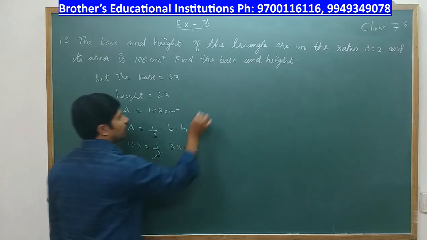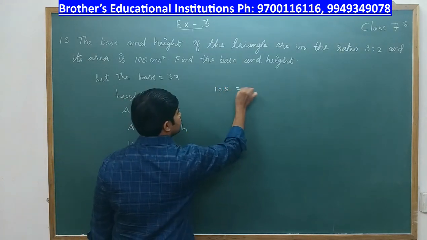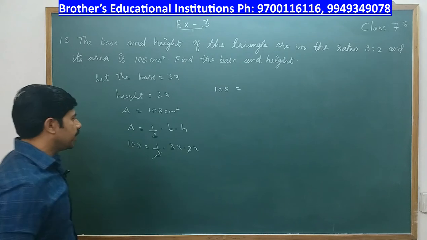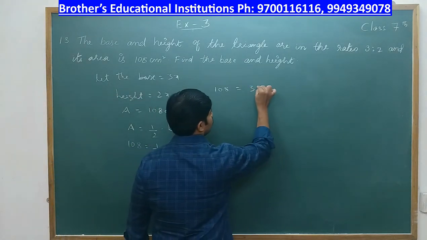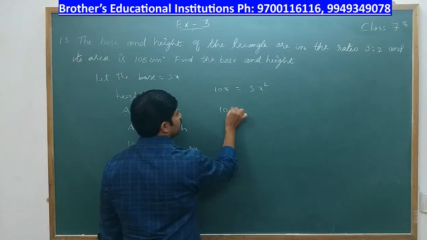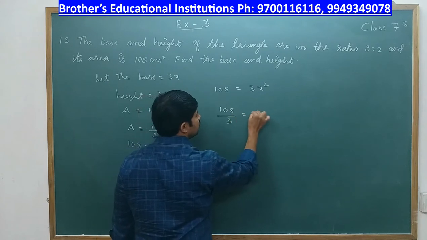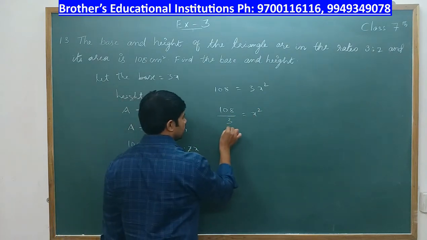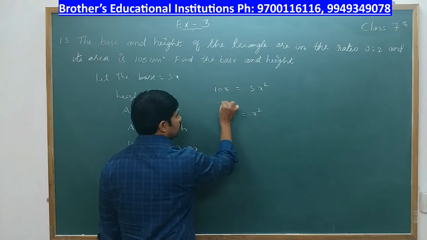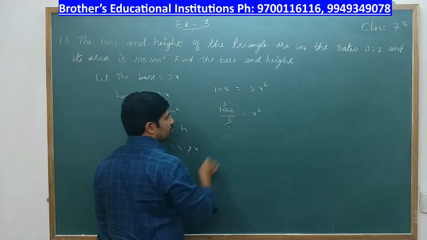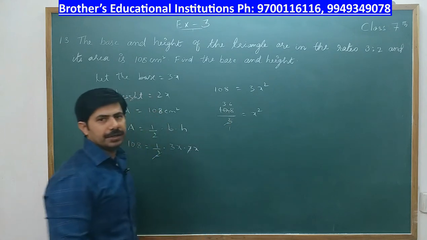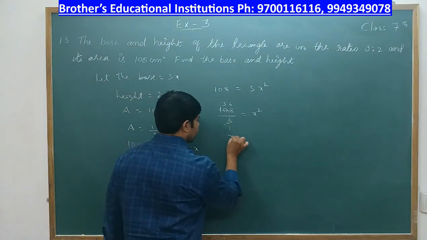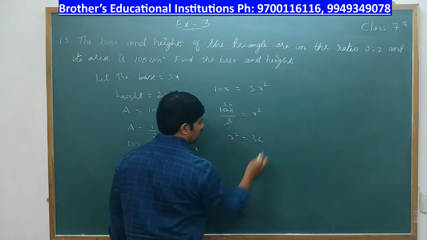So we have 108 is equal to 3x square. So 108 by 3 is equal to x square. So we'll just calculate this. 3 1s are 3, 3 3s are 9, remainder 1, 3 6s are 18. So we are getting x square is equal to 36.